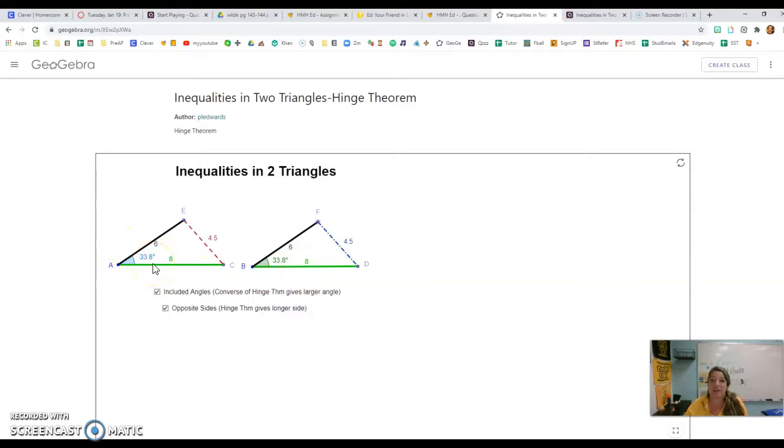I don't know if you remember the SAS, side, angle, side. This angle happens to be 33.8 degrees, and so is this angle.